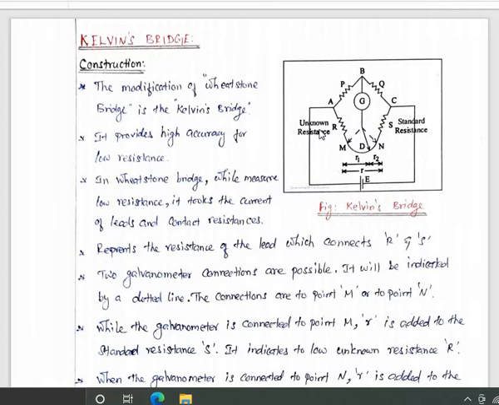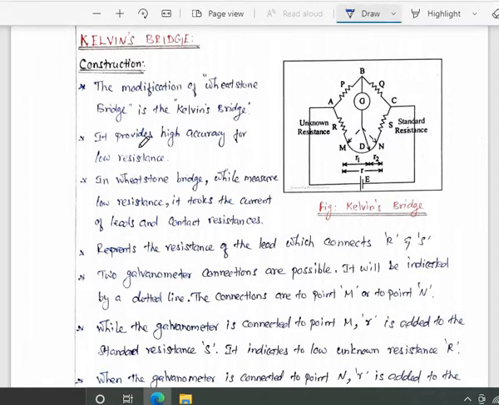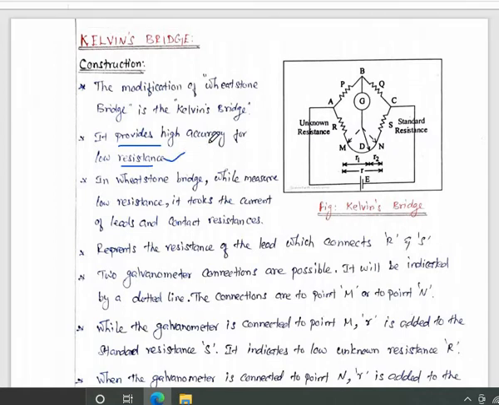So to avoid that error, we use the Kelvin bridge, and it provides very high accuracy for low resistance. The very important factor is that it provides very high accuracy in low resistance. So if you have to measure very low resistance, just go for the Kelvin bridge circuit.